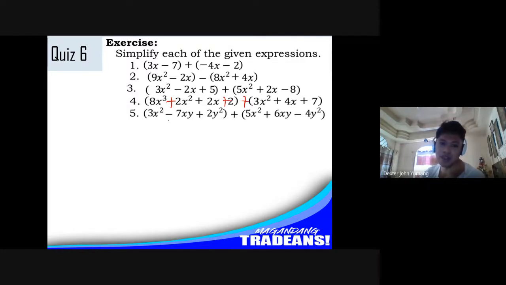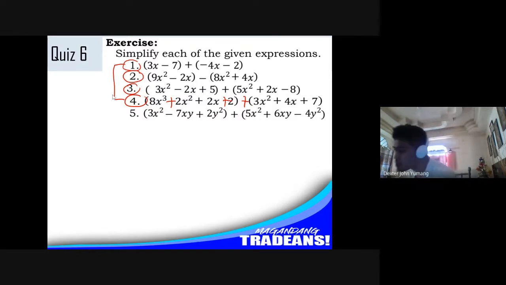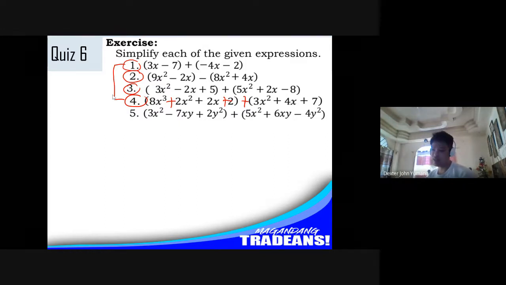I would like you to answer number 1, number 2, number 3 and 4 lang muna. Sige, 1, 2, 3, 4 lang muna ang sagutan ninyo. For 5 points each, 2 points po ang mali, 5 points po ang tama. Okay, for the rest of the 15 minutes, I would like you to answer quiz number 6 and your time starts now.